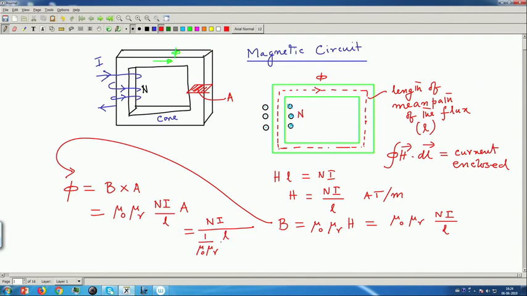L by A. Why I have written it in this fashion is that this is the cause, I can identify this is the cause, and phi is the effect.